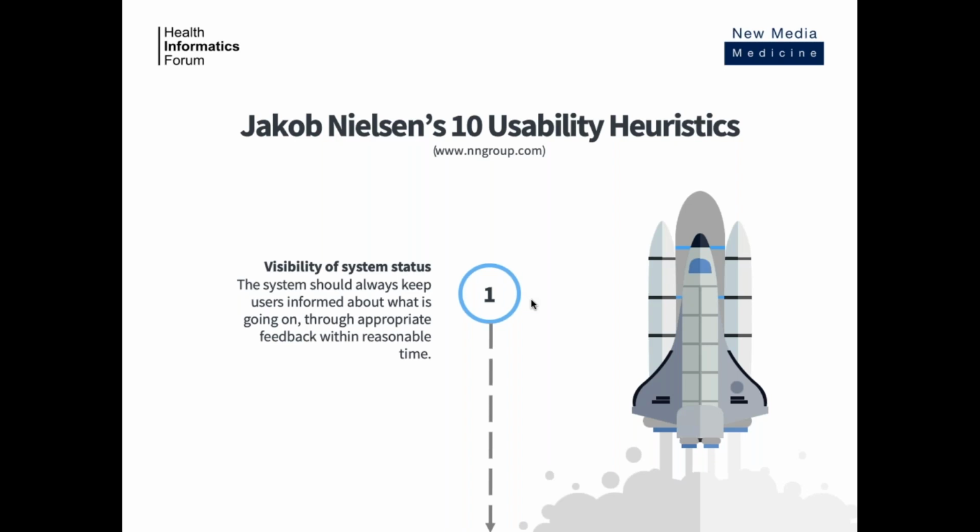And if you go to the NN Group website, you can see these, and they've written articles about each of these to go into more detail, so you can have a look at that if you want to. So the first heuristic or rule of thumb for developing usable systems is visibility of system status. This means that the system should always keep the user informed about what's going on with appropriate feedback within a reasonable time.